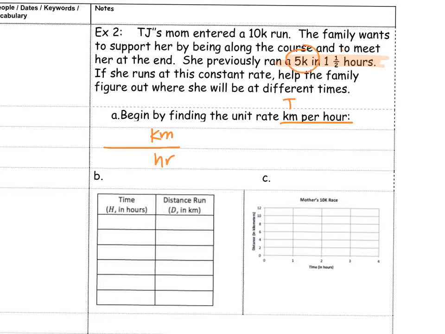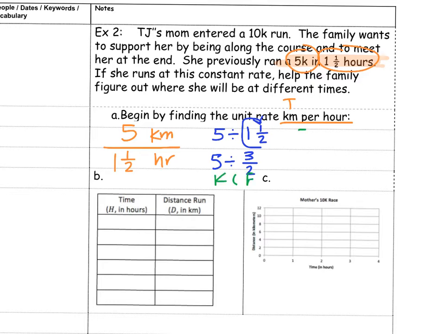The numbers I'm given are 5 and 1 1/2. So just as we've been talking about this week, we're going to do 5 divided by 1 1/2. Make it improper. 5 divided by 3/2.